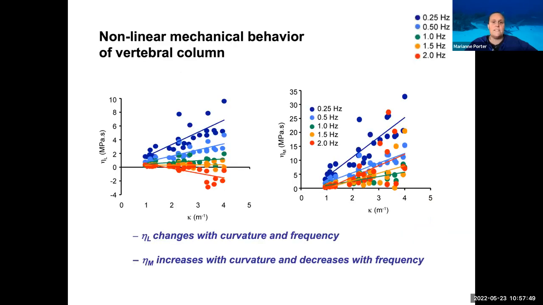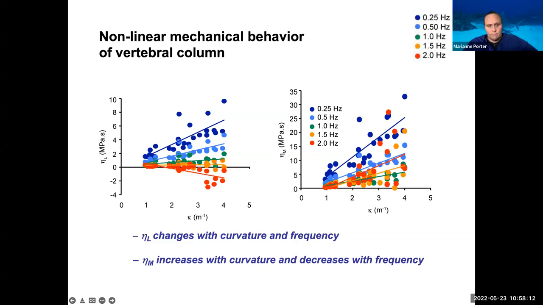Another way that we can use this framework is we can look at the viscous properties. So here we're going to have viscosity at largest strain and minimum strain. And again, we can see that at largest strain, we're going to be seeing significant differences with curvature and frequency.